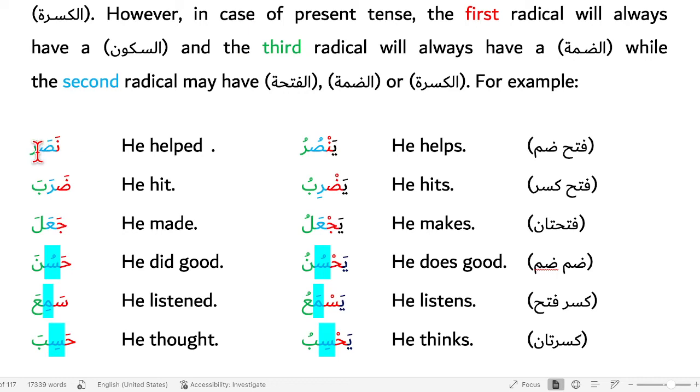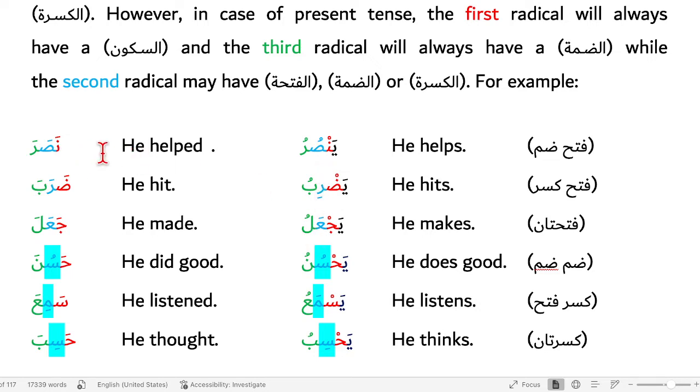So like nasara, the third radical ra changing to ru. Yansuru, zaraba yazribu. So ba changes to bu, la to lu, na to nu, a to u, ba to bu. So this is easy: the first one is going to get the sukoon, and the third one is going to get the dhamma form, the u form. Whereas the middle one can have dhamma, fatha or kasra.